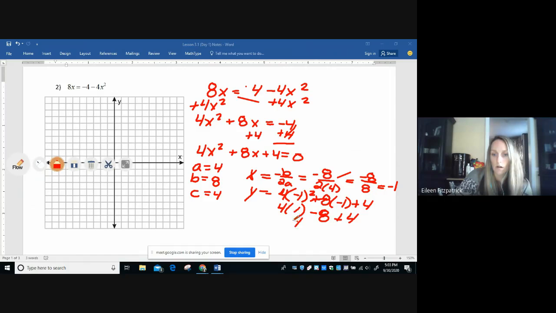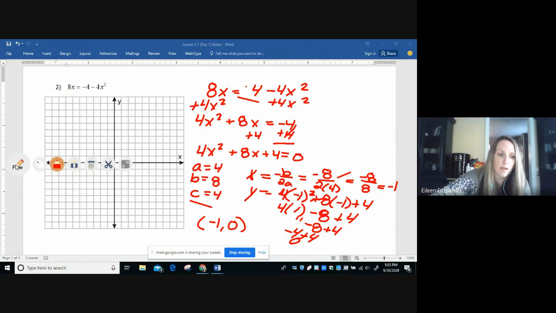So that's 4 minus 8 plus 4. So it's negative 4 plus 4, which gives you a 0. Okay, so now I know my vertex is at (-1, 0).